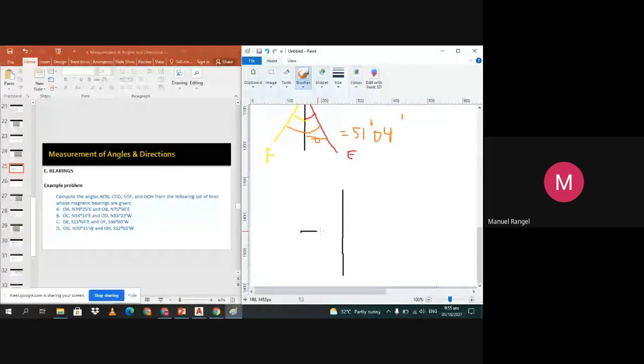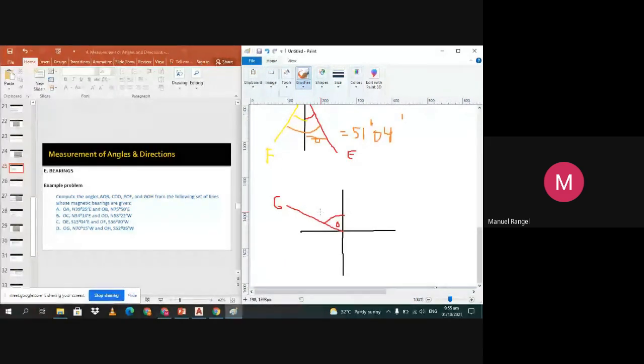So we have the line G, north 70 degrees west. So this is the direction, 70 degrees 15 minutes west.